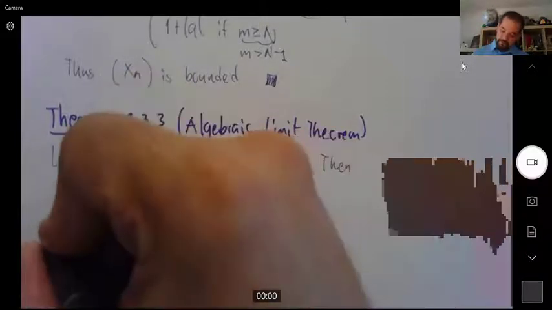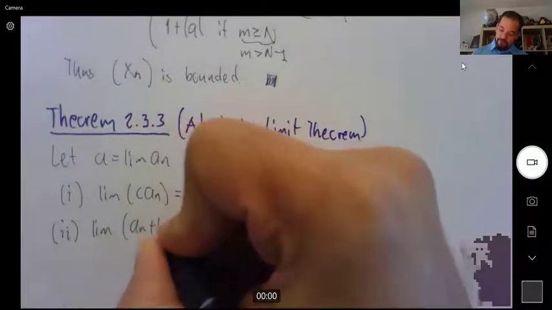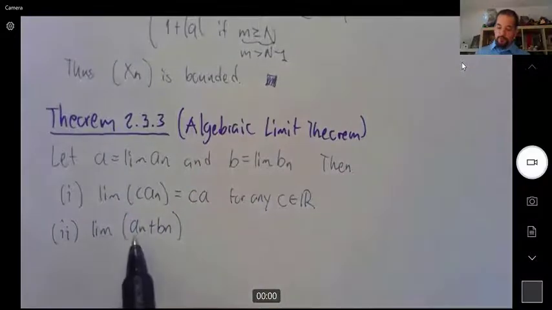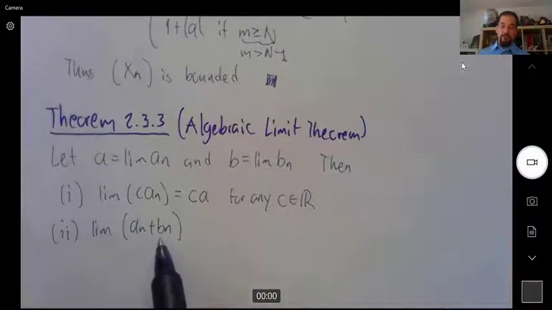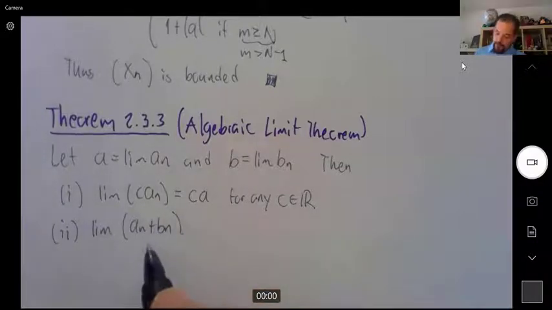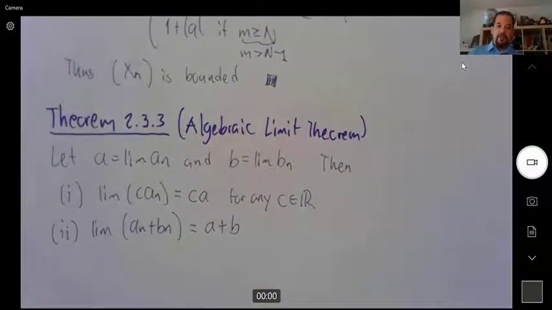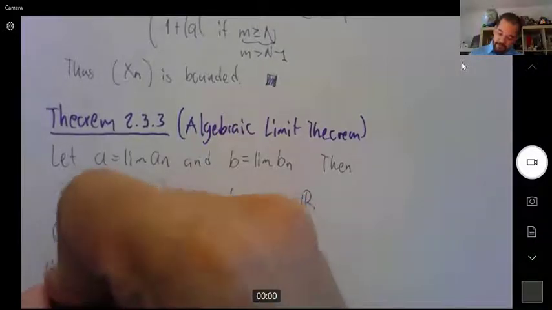Property 2, if you take the limit of this other sequence, which is the sum of a_n and b_n, so we create a new sequence which is the sum of the other 2 sequences we had before, then this will be convergent, and the answer to that limit will be A plus B. Informally, we like to say this property as the limit of a sum is the sum of the limits, right? We can interchange limit and sum as we see fit.